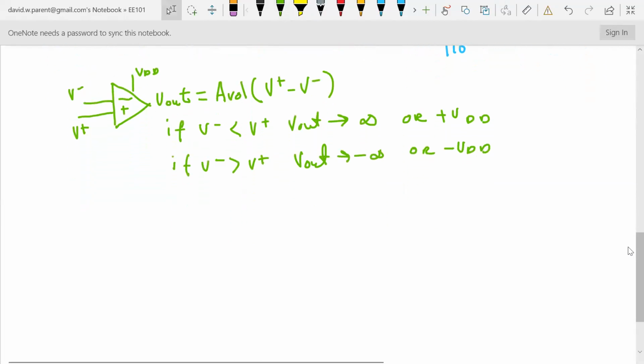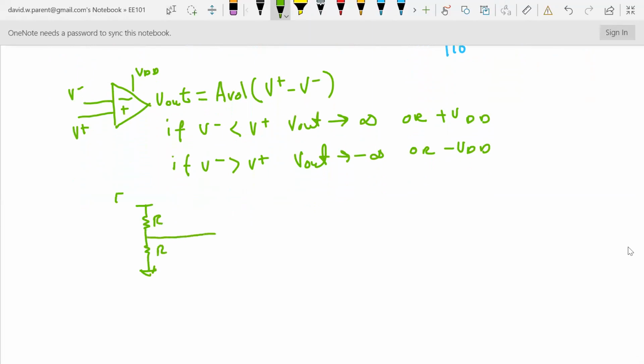And how might this be used? So let's say I set up a reference voltage. This is 5 volts. These two R's are equal to each other. So it's 2.5 volts. Okay.